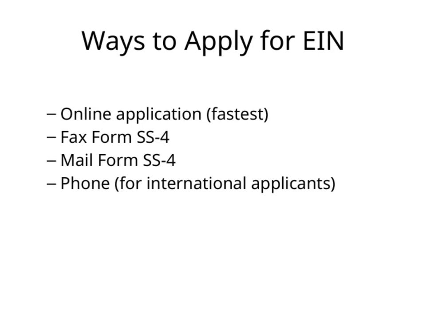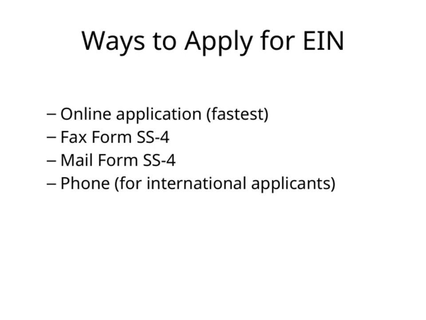Let's take a look at the different ways you can apply for an EIN. The fastest method by far is the online application. It's quick, convenient, and allows you to get your EIN almost instantly. If you're looking for a speedy process, this is definitely the way to go. Another option is mailing the form SS4. This might take a bit longer, but it's still a reliable method if you prefer sending your application through the mail.